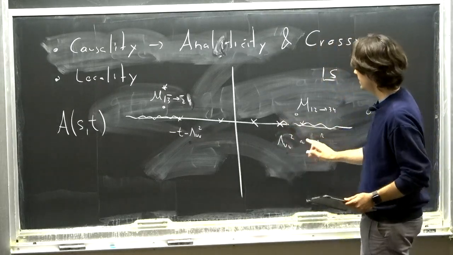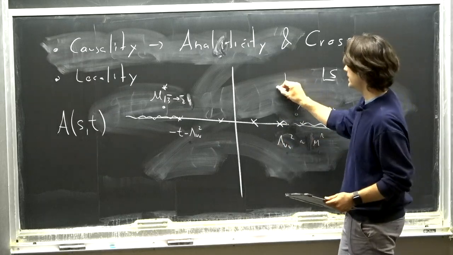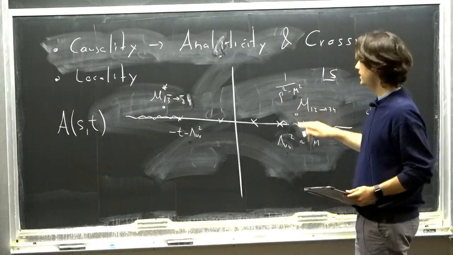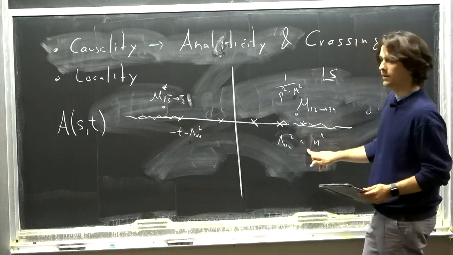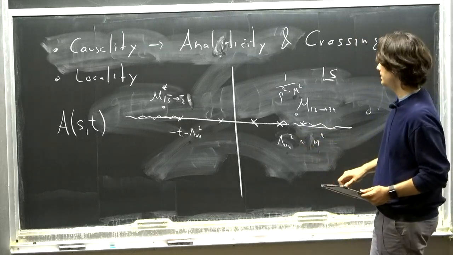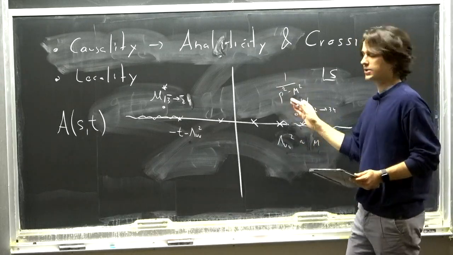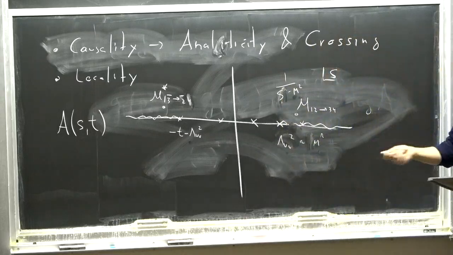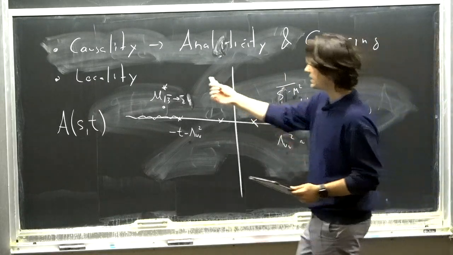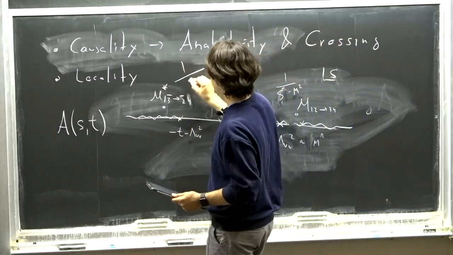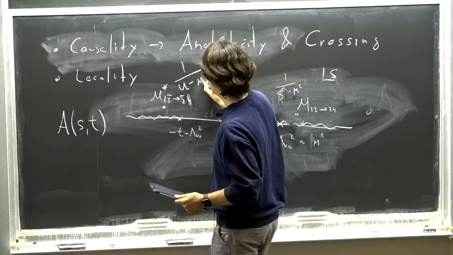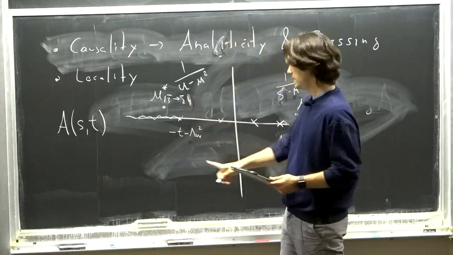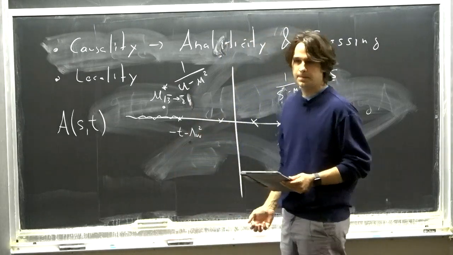So in the EFT, if it was a pole, it's because the EFT is breaking down precisely when you see this pole, which is not seen in the EFT. If it's a log, then it would be a bit further up, but that's the origin. So this is, in this case, S, right? But then crossing symmetry tells you that on this side, there also has to be such a pole at u minus m squared, right? And if you write this in terms of S and T, you will find that it's here.